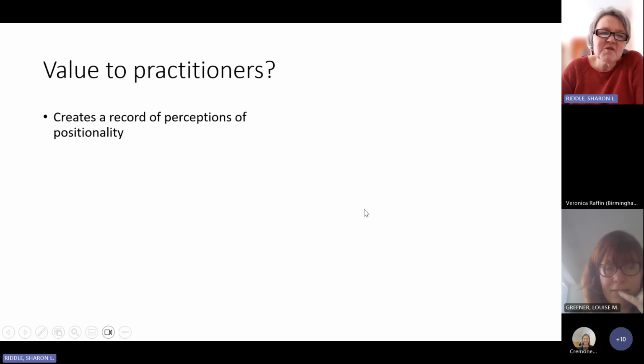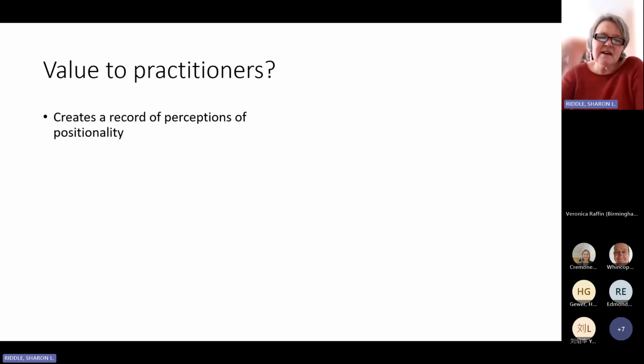It first of all creates a record of people's perceptions of their own positionality, and the positionality of a unit in the university, which then could be used for discussion, for a record over time even, to give as evidence for presenting to different people, and to inform decision making.